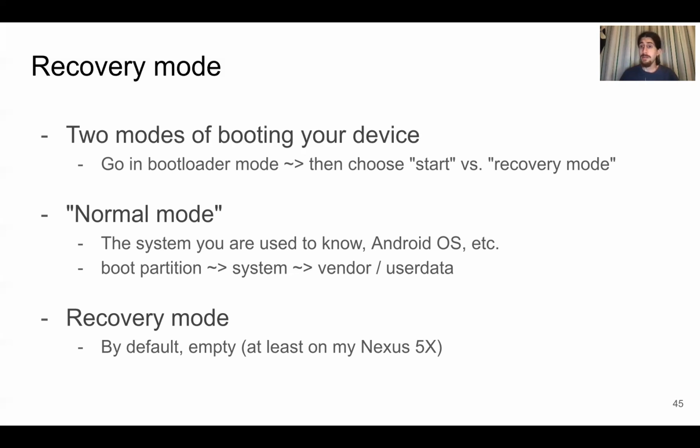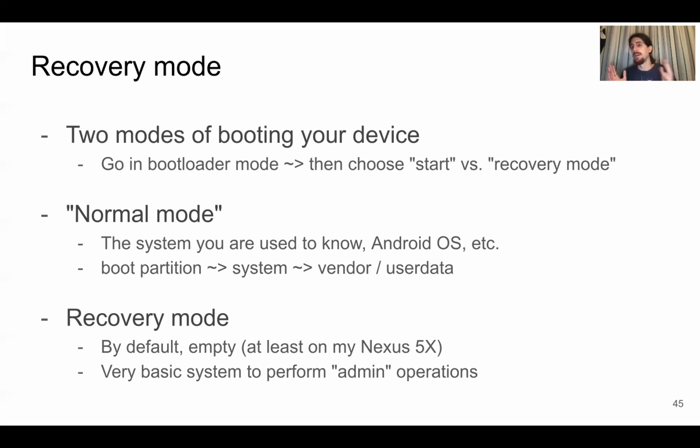But with the commands I've shown you now, you can flash specific partitions to this recovery partition, so that you have some tools to do some kind of admin operations and things like this. So long story short, the bootloader allows you to start in normal mode and recovery mode, and it's a very, very simple procedure: the normal mode starts with boot, and then boot does its own way.